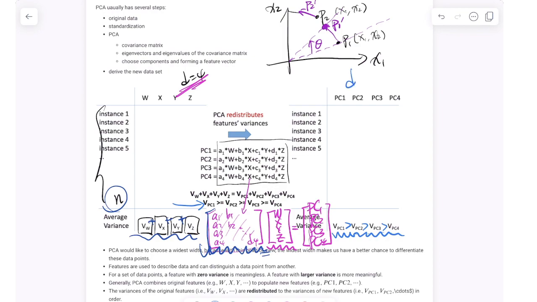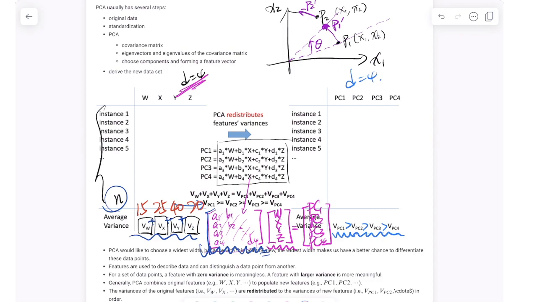Originally we have dimension 4. Let's use an example. For example, the original variance of W, X, Y, Z is 15, 25, 40, 20.